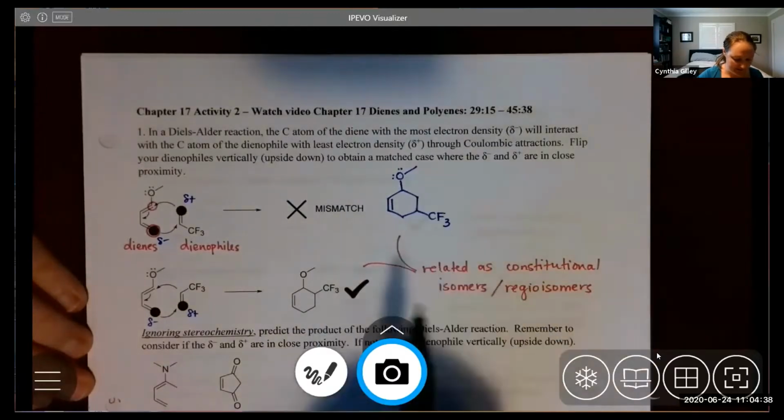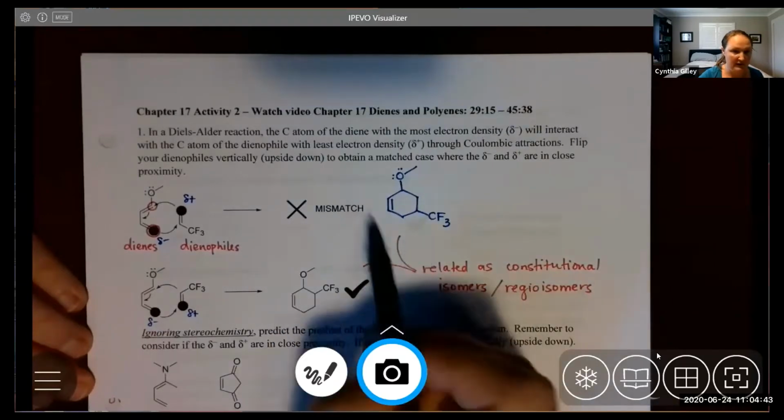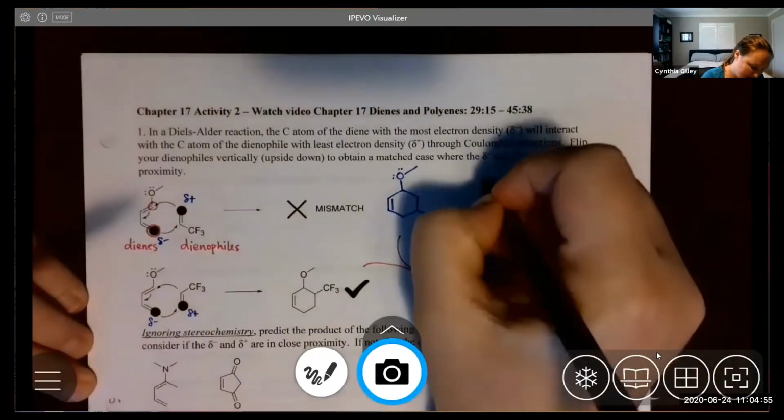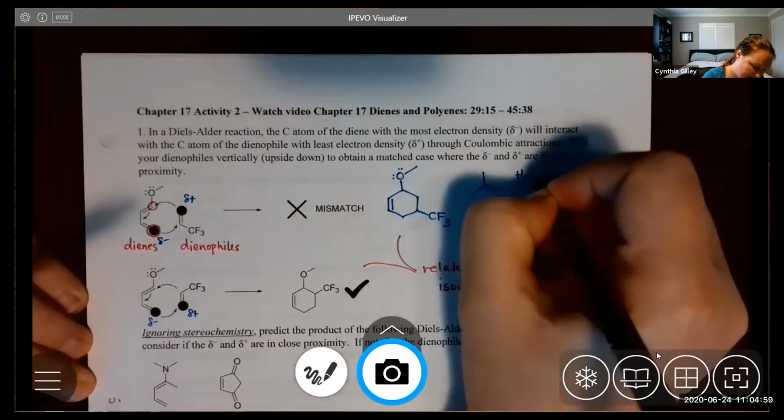And that just means that this one is produced in greater than 50%, and one is produced in less than 50%. Okay, so another example of regiochemistry is something like a Markovnikov reaction. You might recall, I've done this many times, a hydration of an alkene.